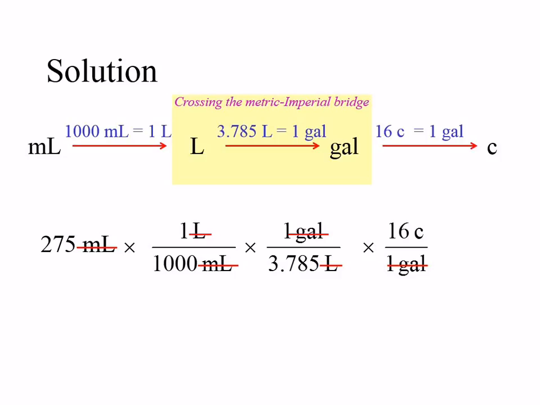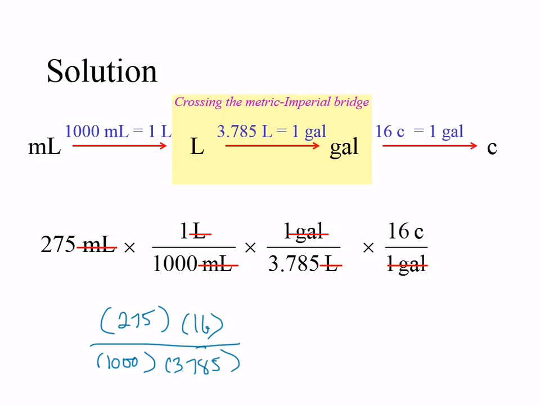This one seems a little busy, so terms on the top are just 275 and 16. Terms on the bottom, I got 1,000 and 3.785. Units are going to end up being cups, which is perfect.